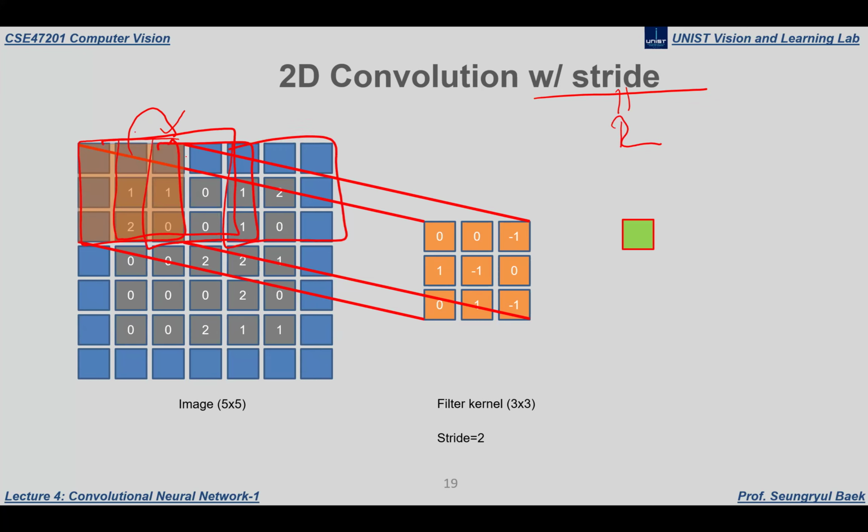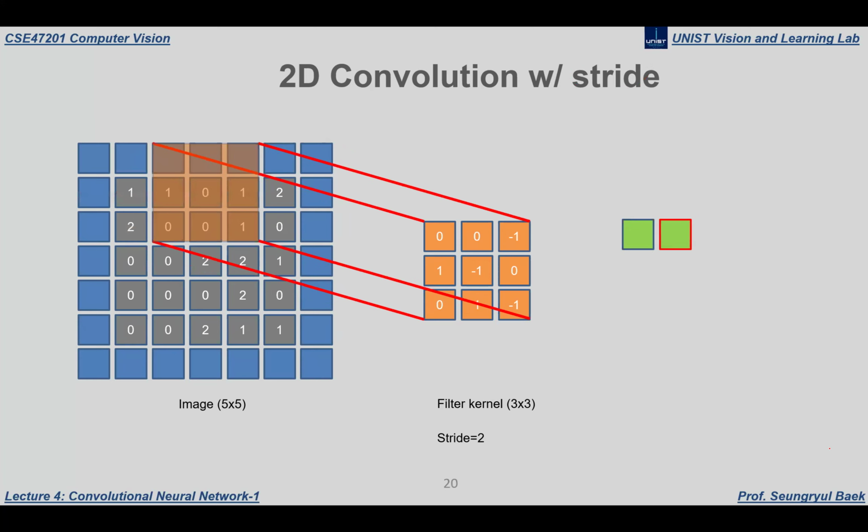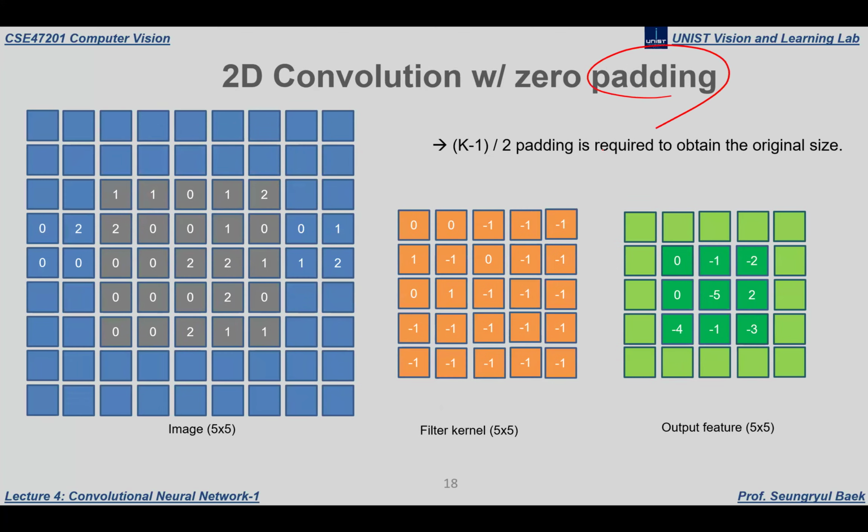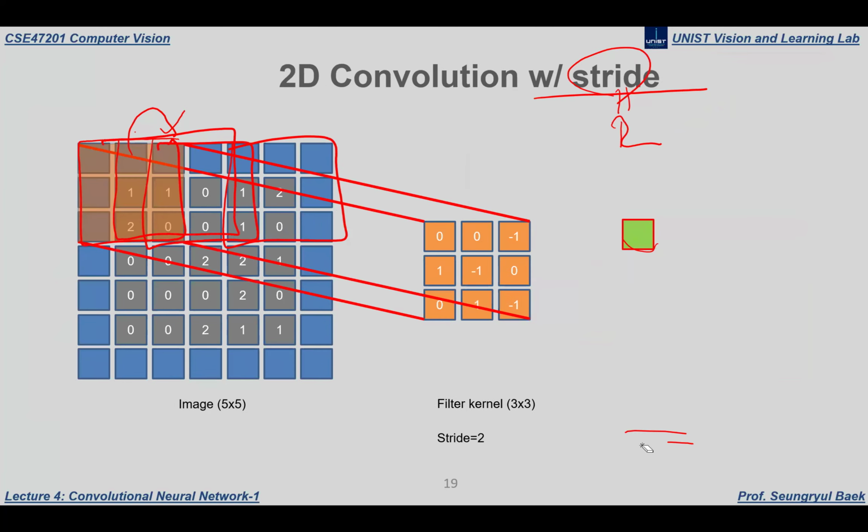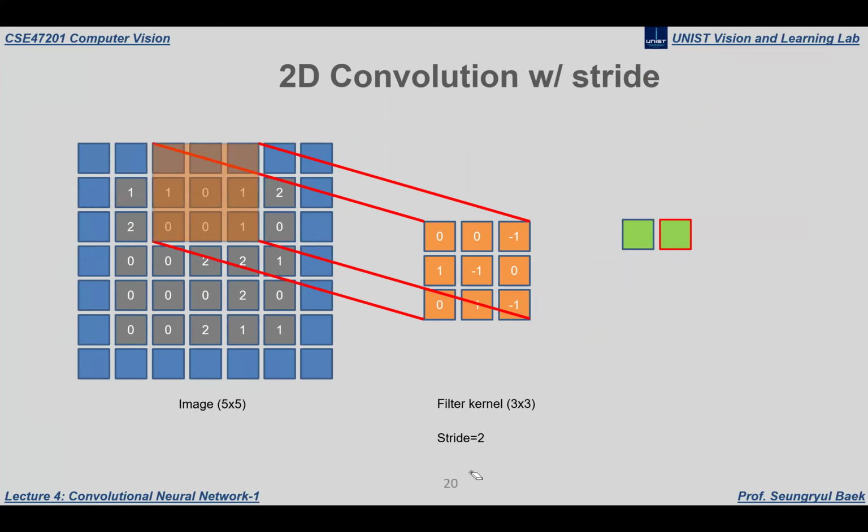As a result, the output size is reduced. If stride is larger than one, the output size is reduced. For zero padding, if it is larger than or equal to one, then the output size is gradually increased. So that is the way to control the size of the output given the same input size.